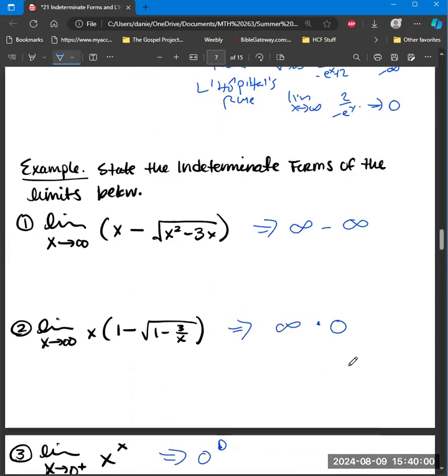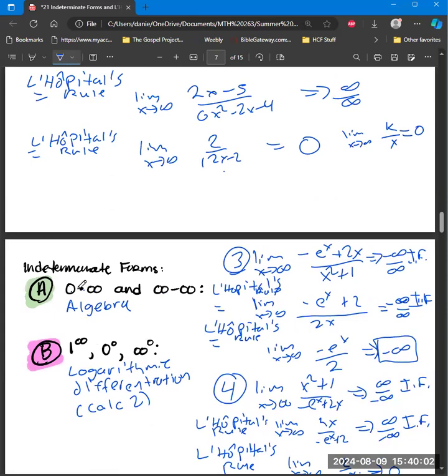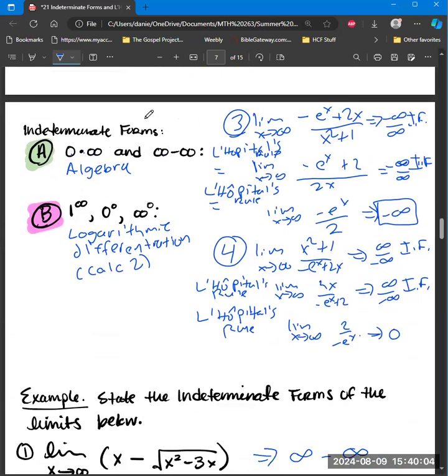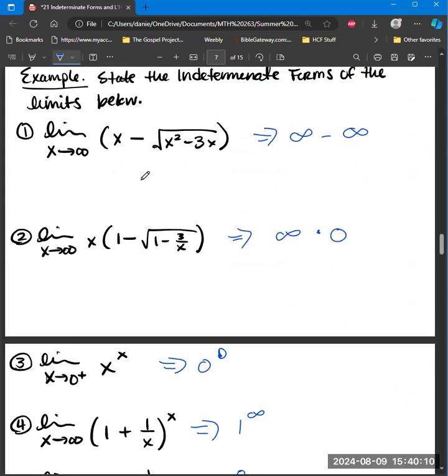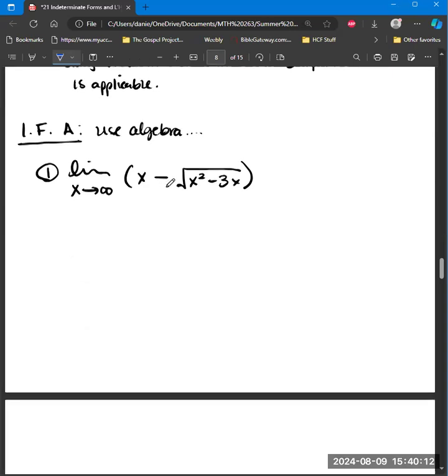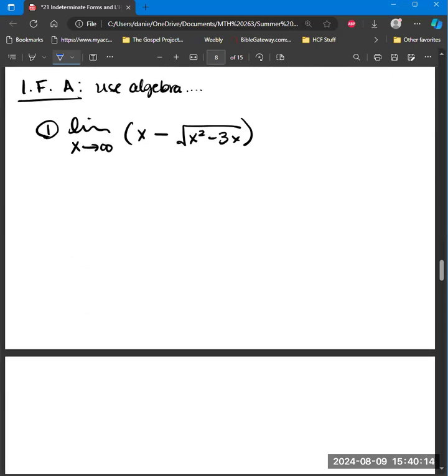So indeterminate forms in the type of form up here that are not 0 over 0 or infinity over infinity, but can easily be manipulated into that form. So first one here, we're going to use algebra, and I'm going to recommend that you multiply by the conjugate here.